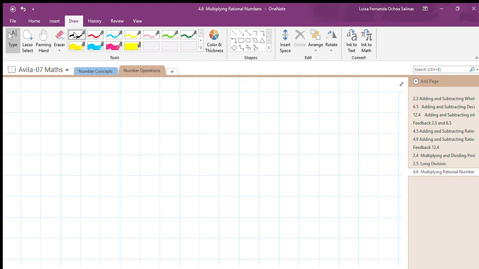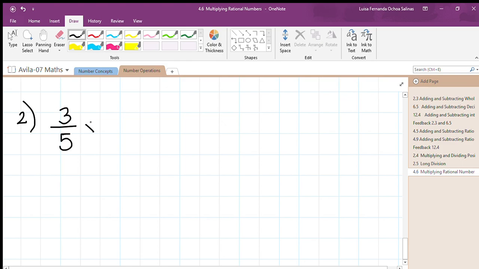Okay, so example number 2. Let's say that I have 3 over 5 times 15 over 33. Okay, so we write it like this.